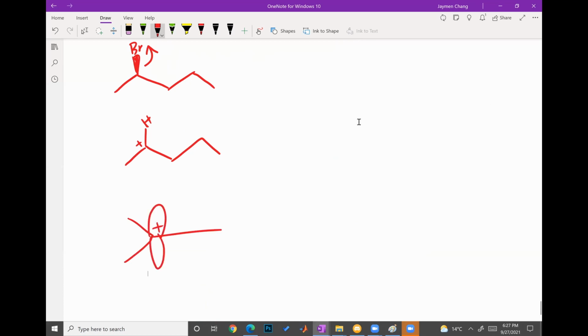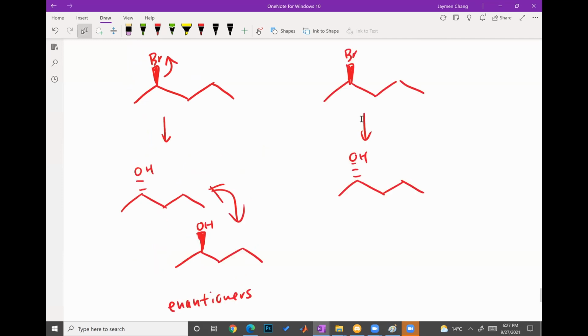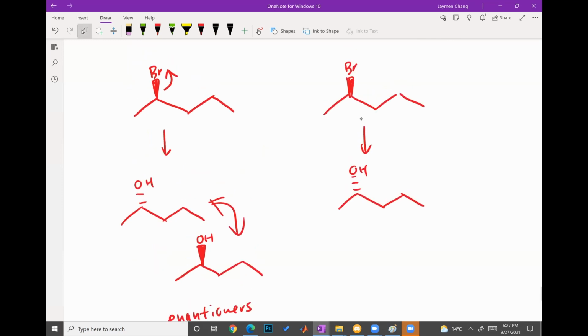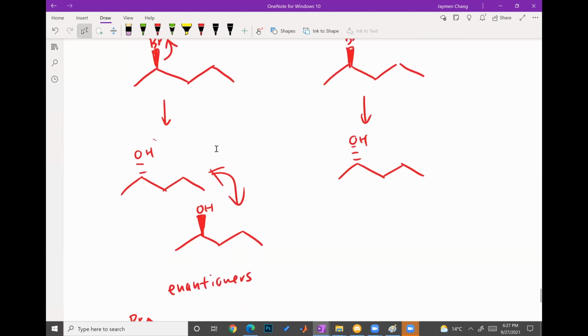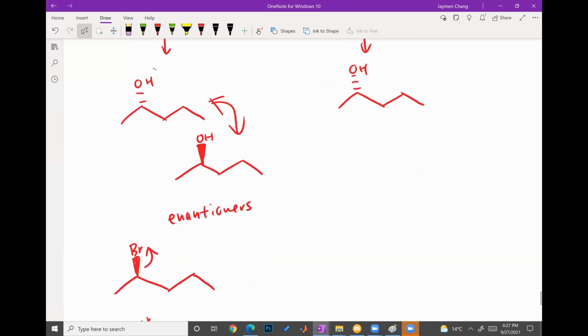The nucleophile, in this case H2O, is able to attack from the top, or it's able to attack from the bottom. Notice that if it attacks from the top, we get this because it's coming out of the page. And if it attacks from the bottom, it's going to look like this, which is going into the page. So that's why we get enantiomers. Does that make sense? Let me know in the chat if that makes sense.